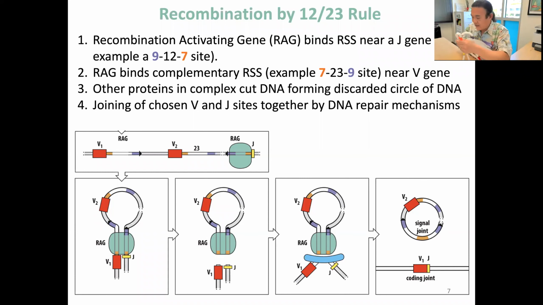It's like cutting the rope here, and you're going to have to then join these two sequences together. So now you've ended up making a continuous sequence of this red running into this yellow, and you've lost everything else in between.